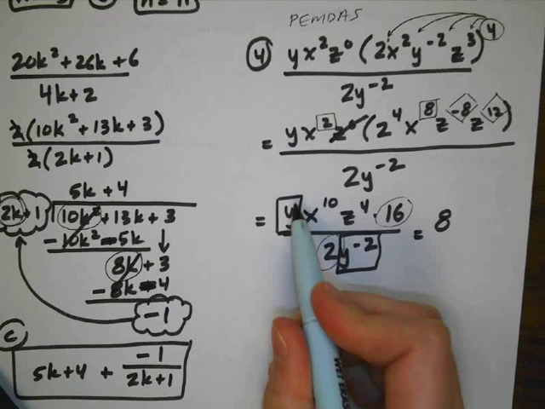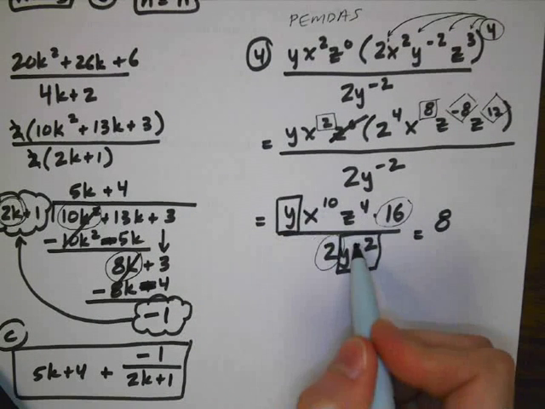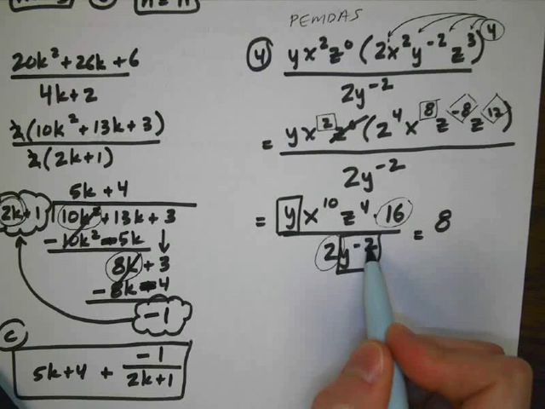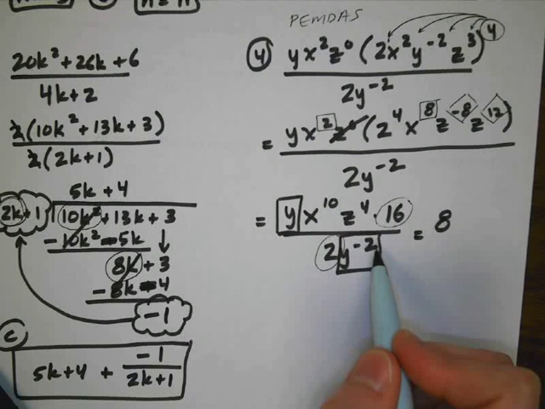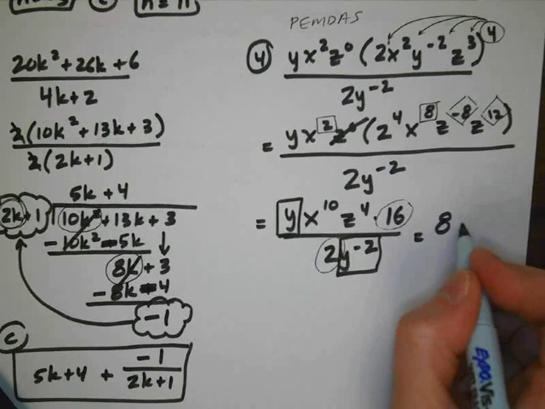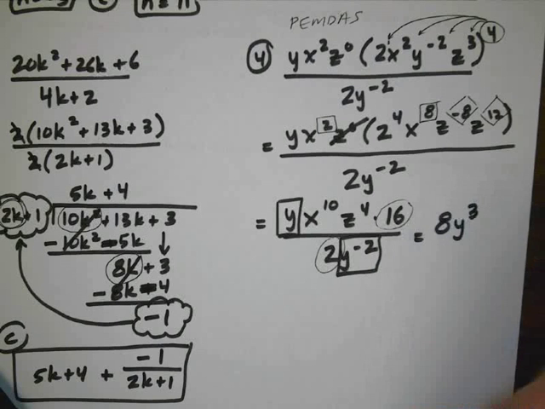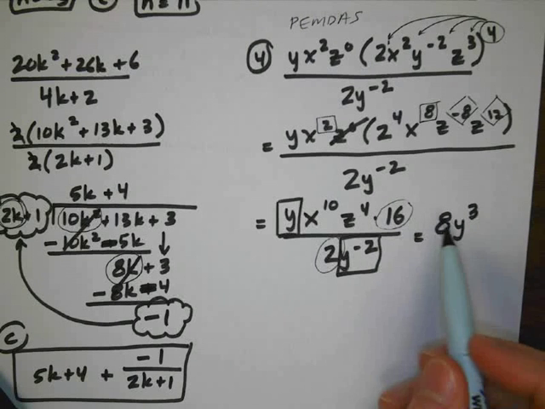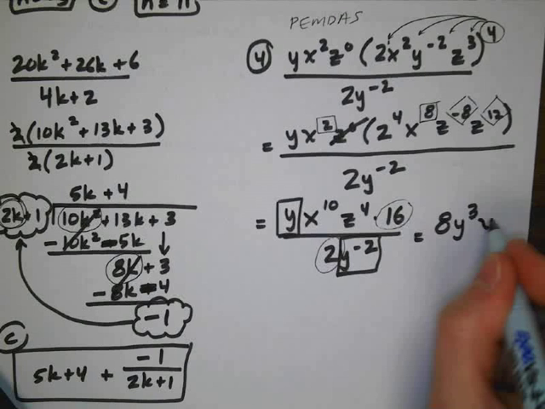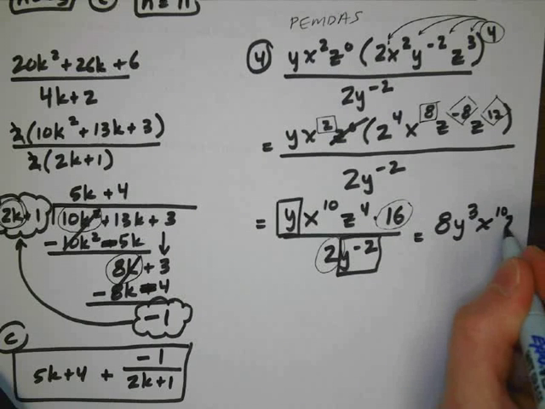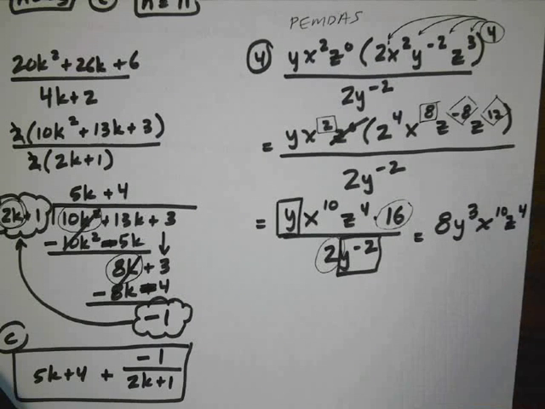Remember, now we're subtracting, so we end up with 1 minus negative 2. 1 minus negative 2 is the same thing as 1 plus 2, which is 3. And then we also have this x to the 10th, z to the 4th, and that looks like it.